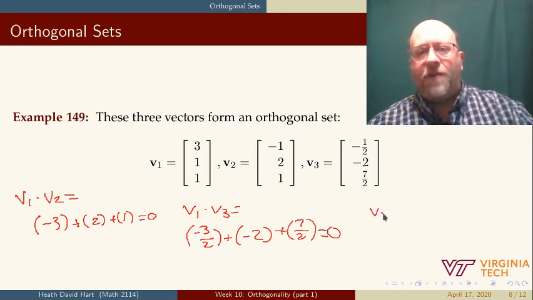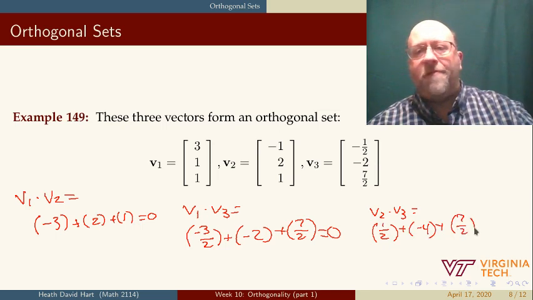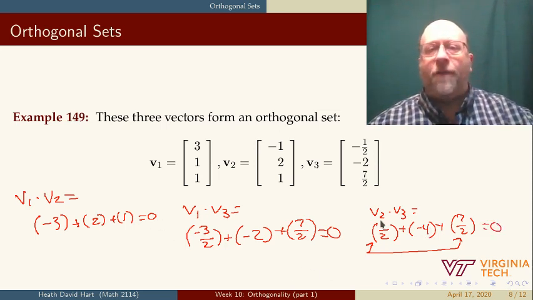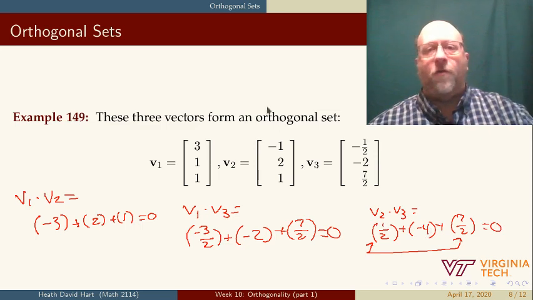And then if I check v2 dot v3, that also adds up to 0. Negative times negative gives me positive 1/2. 2 times negative 2 is negative 4. 1 times 7/2 is positive 7/2. These two add up to 8/2, which is 4, plus negative 4 gives me 0. All three dot products give me 0, and so we have an orthogonal set.